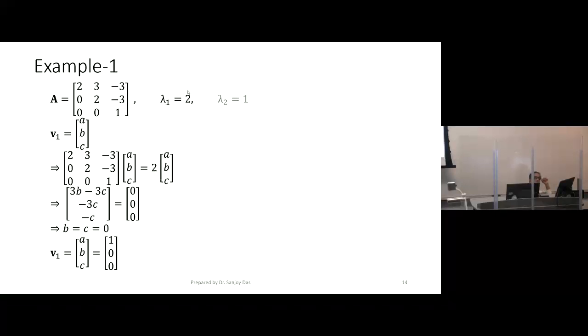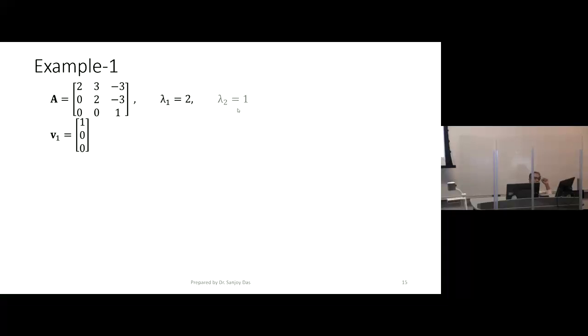Okay, so this is repeating twice. But the geometric multiplicity of this lambda 1 equals 1. It has only one eigenvector. It has algebraic multiplicity of 2.